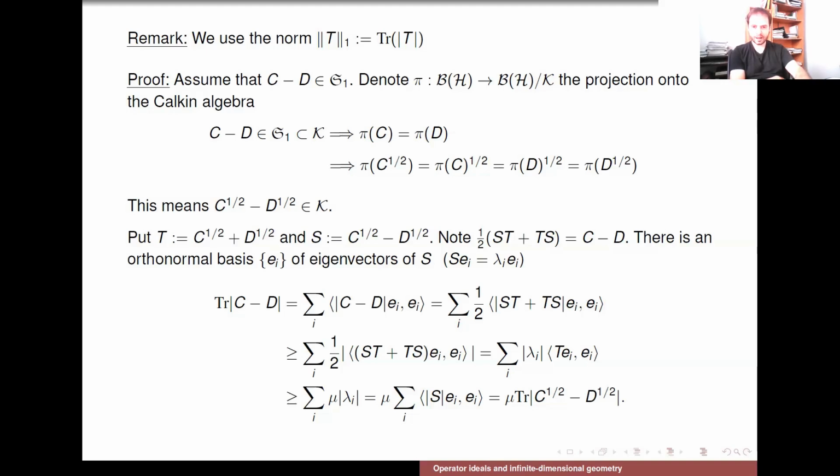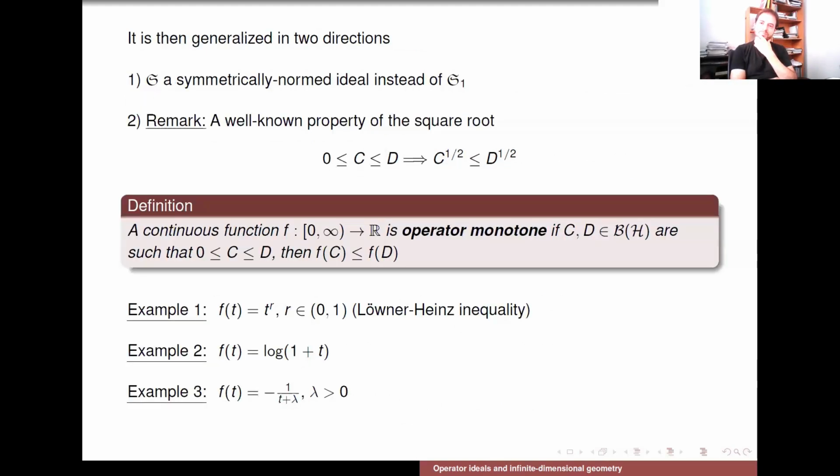In the same article, Ando and Van Hemmen generalize this result in two directions. First, the trace class ideal can be changed by any symmetrically normed ideal. Then they also took a more general class of functions.